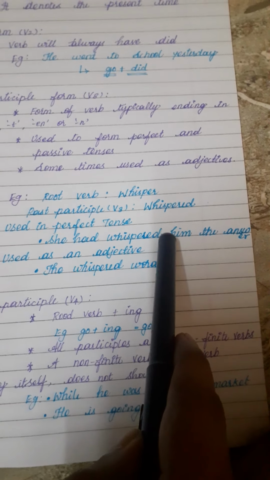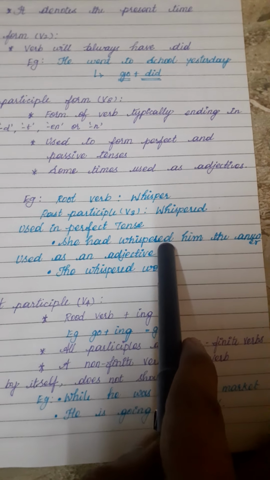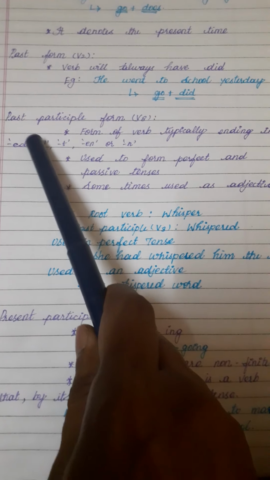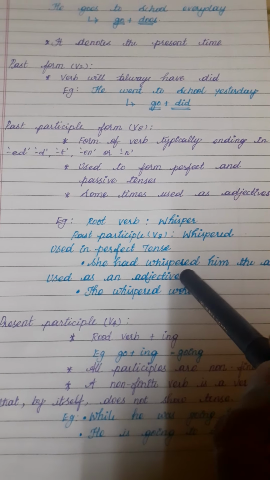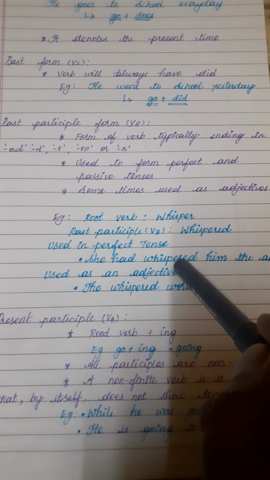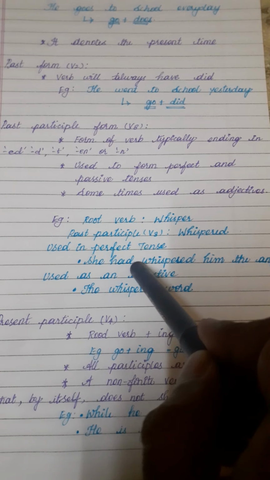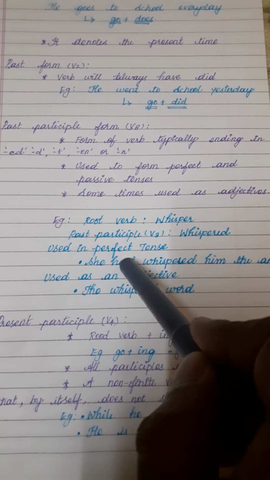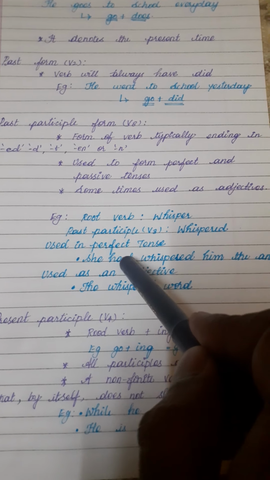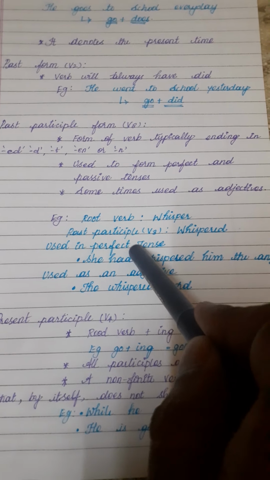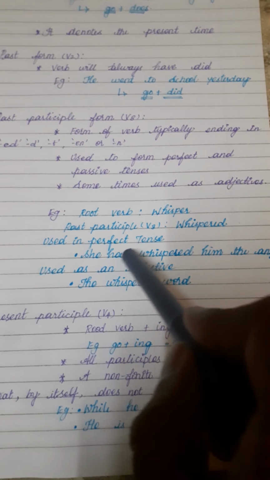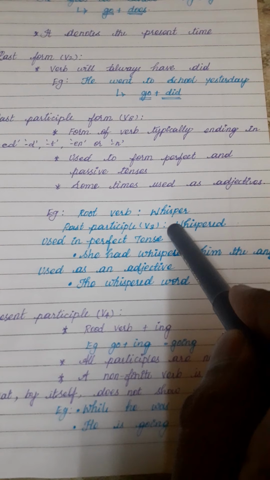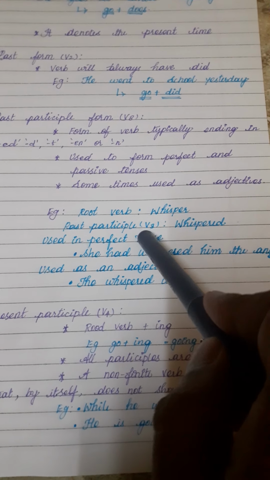Here, this whispered is in past participle form, not in past form, because the supporting verb is had. If the sentence has the supporting verb of perfect tense, then the verb will take only the V3 form.